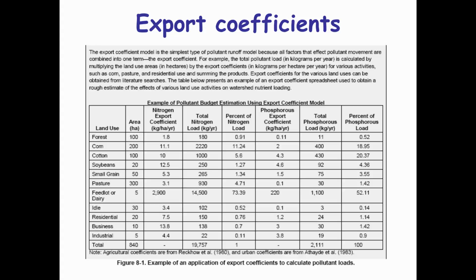The percent of nitrate load is 11.24. And they have the same thing for phosphorus here. So these can be used if you had a cornfield area. It may not be 200 hectares in size, as indicated in the table, but the values for the export coefficient could be used to quantify how much is coming from an area.